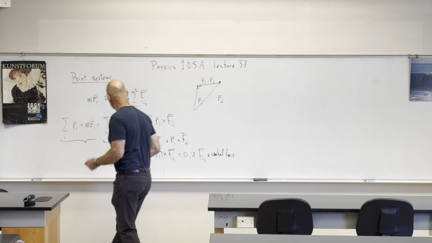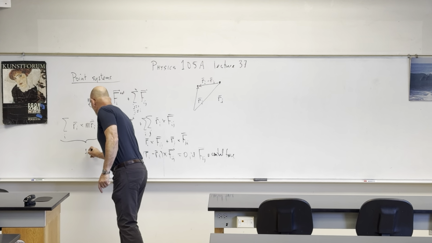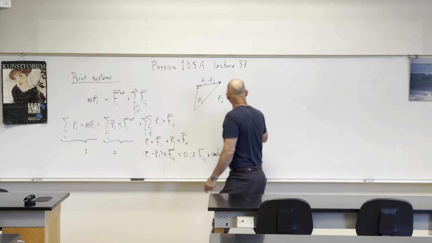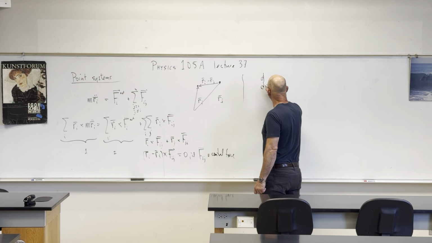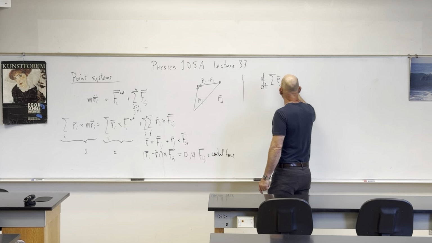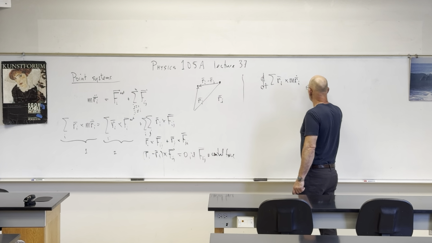I'll just call this 1 and this 2 here. So the left side we can say is d/dt of the sum over r sub i cross m r sub i dot.